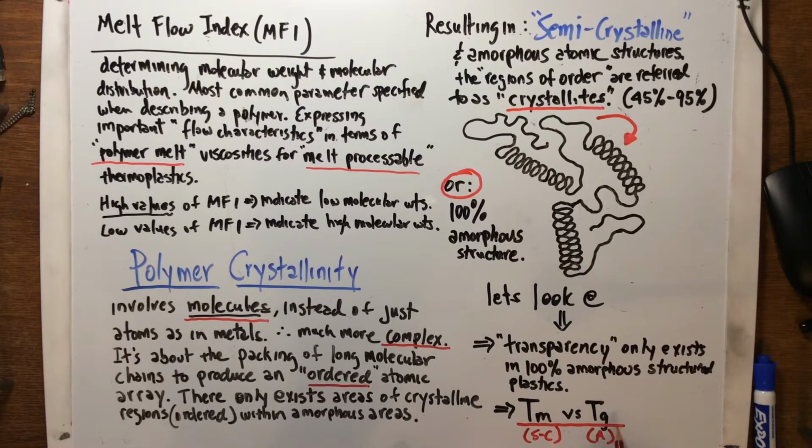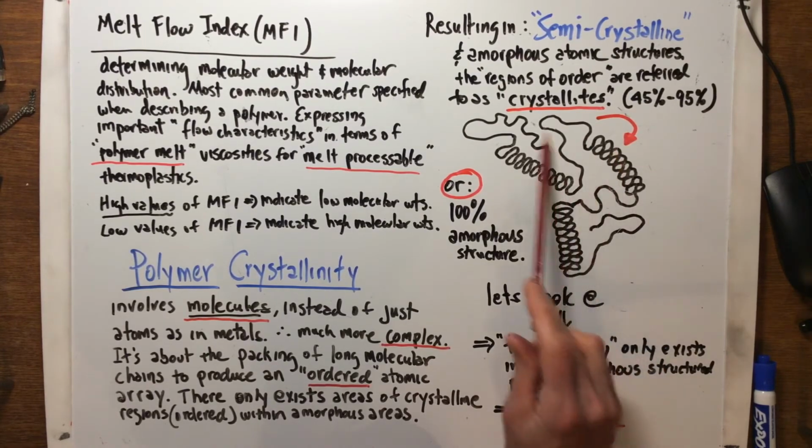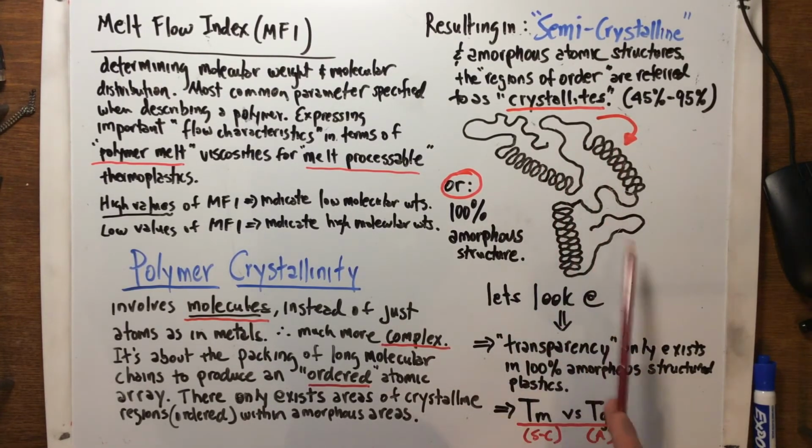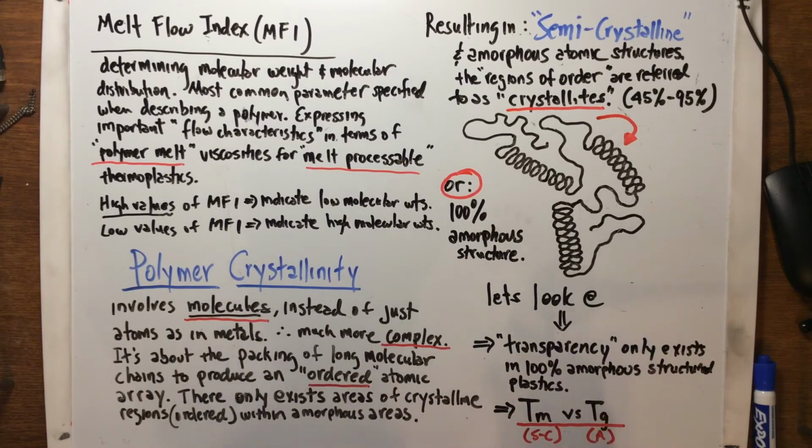Now on the amorphous side, it doesn't happen, because there's none of this orderliness. The strands are all just willy-nilly like this. There's too much entanglement of all these chains, and it's too cluttered, and it's impossible to get them completely untangled all at once. So amorphous materials do not have a specific melting temperature.